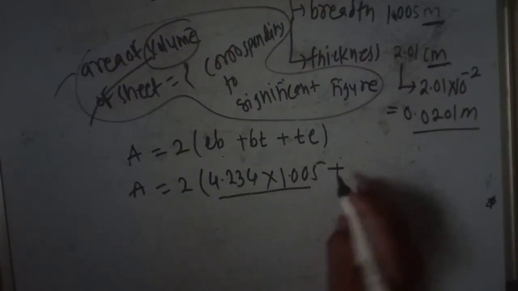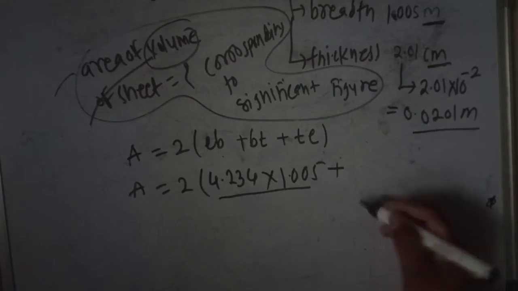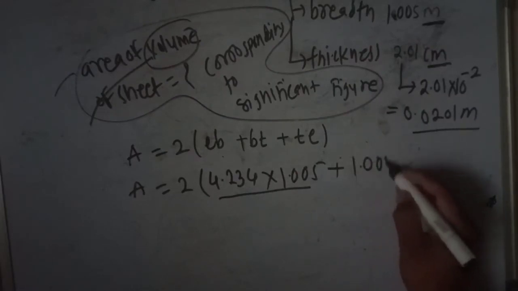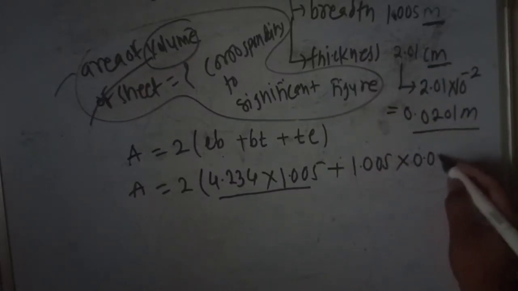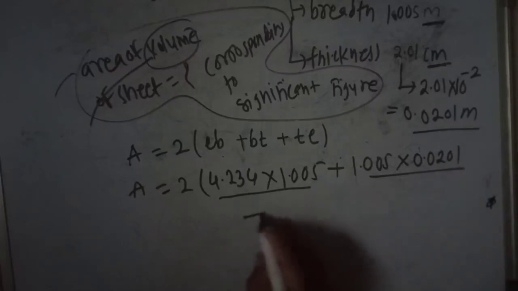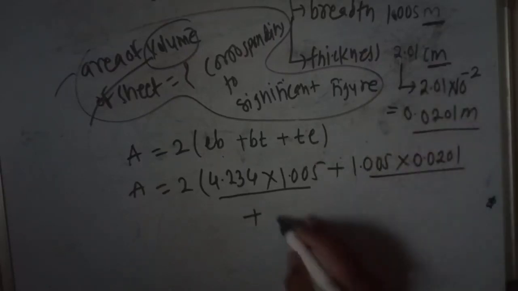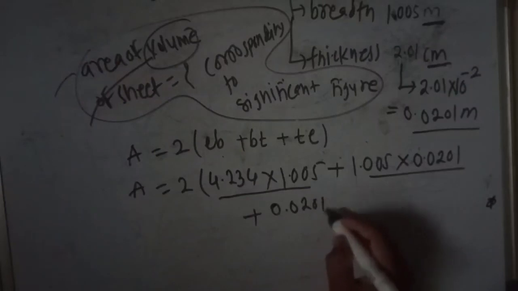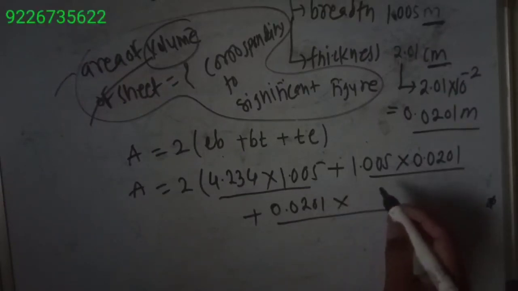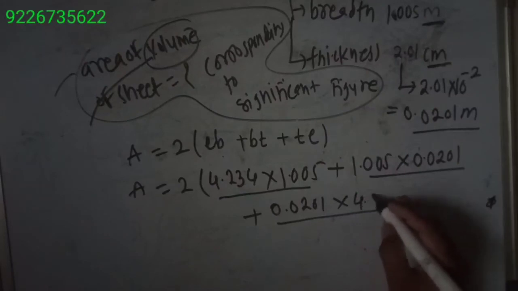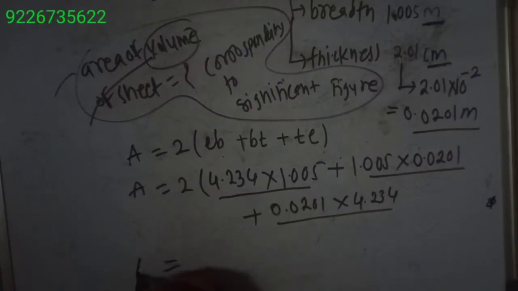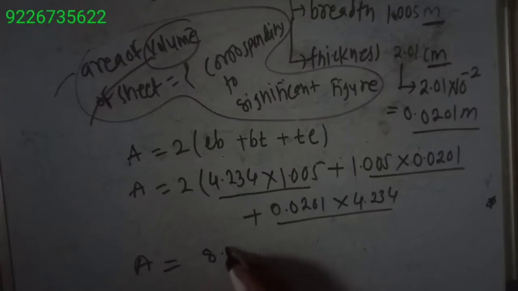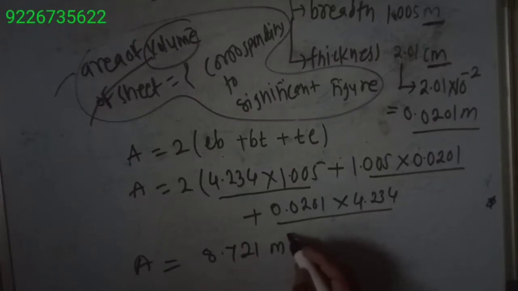This is first, plus BT: B is 1.005 multiplied by T, thickness, 0.0201, plus third TL, thickness 0.0201 multiplied by length 4.234. By calculating it we get the answer A equal to 8.721 meter square.